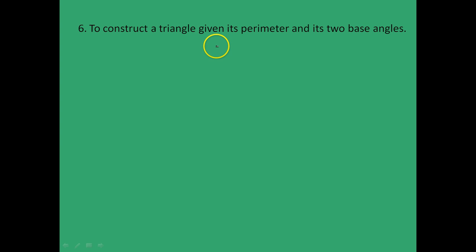Say the required triangle is triangle ABC, and say AB plus BC plus CA is given, and let's just call it A. Let's call BC the base, and so we have angle B is equal to theta and angle C is equal to phi, which are both given.